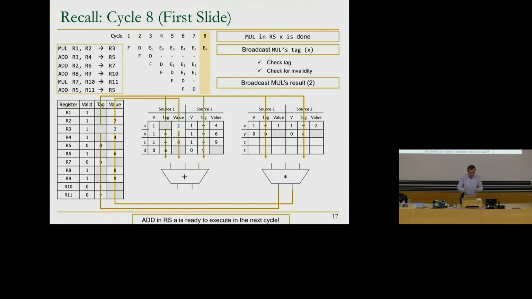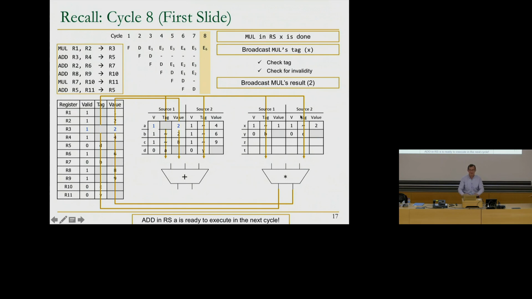If those are equal, then you know that the tag being broadcast is the thing that you're waiting for. Of course, the value you're waiting for should not be valid as well, because you may have a stale tag over here. So basically, it's a lot of comparators. You have a lot of comparators here, here, here, here.